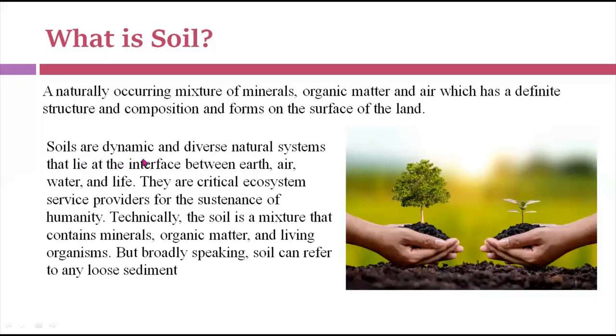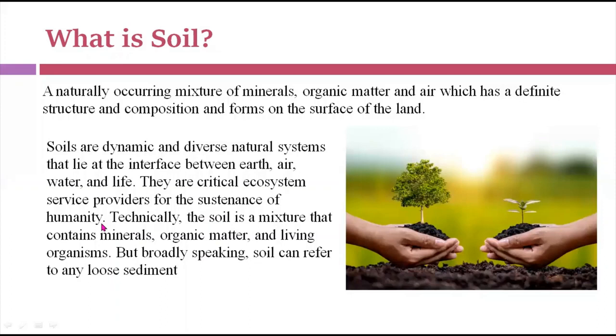Soils are a dynamic and diverse natural system that lie at the interface between earth, air, water, and life. So what is being said? It is at the junction where all the natural ingredients meet, and it is made of a diverse natural ecosystem. So they are critical ecosystem service providers for the sustenance of humanity.